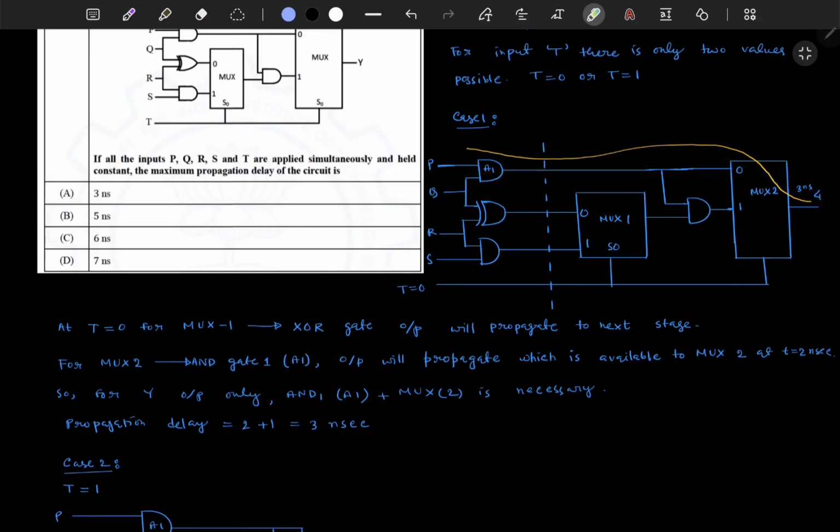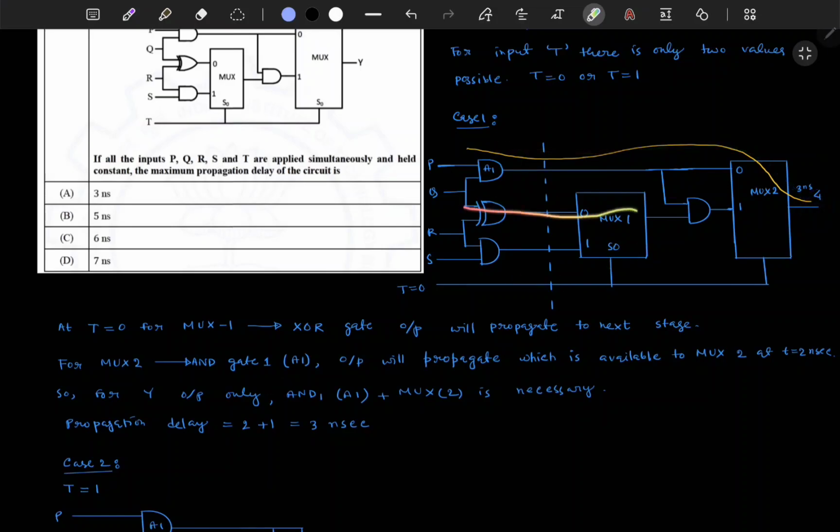Okay, so propagation delay is actually measured at the output, where we are getting the output, because the maximum propagation delay of the circuit is asked. So that is calculated with respect to the output, meaning when we give the input and after how much time we take the output. So this line only we need to consider, because here only we are getting the output for T equal to 0.